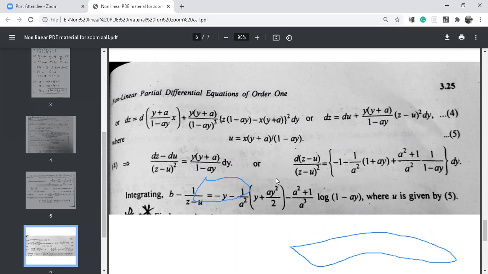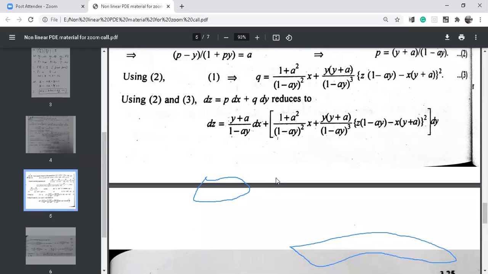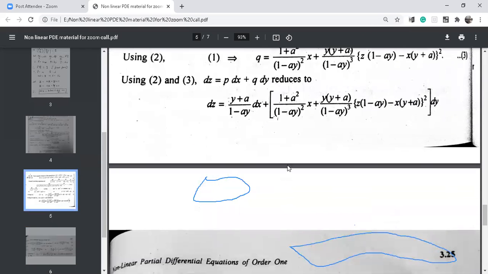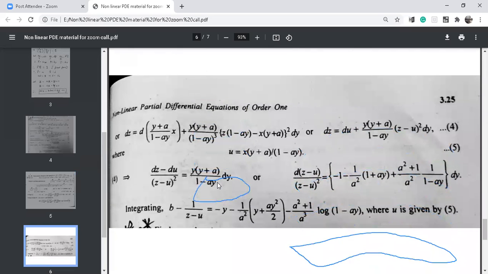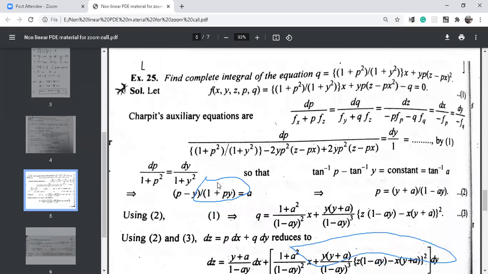There is not much brain to put in, but in exam conditions, when you are under so much stress, you might not be able to find the correct pairs and integrate. This integration is quite complicated, that's why I have put this in the PDF. So note down this question also, especially the integration part, so that if it comes in the exam, you are already aware of the process to integrate the equation.